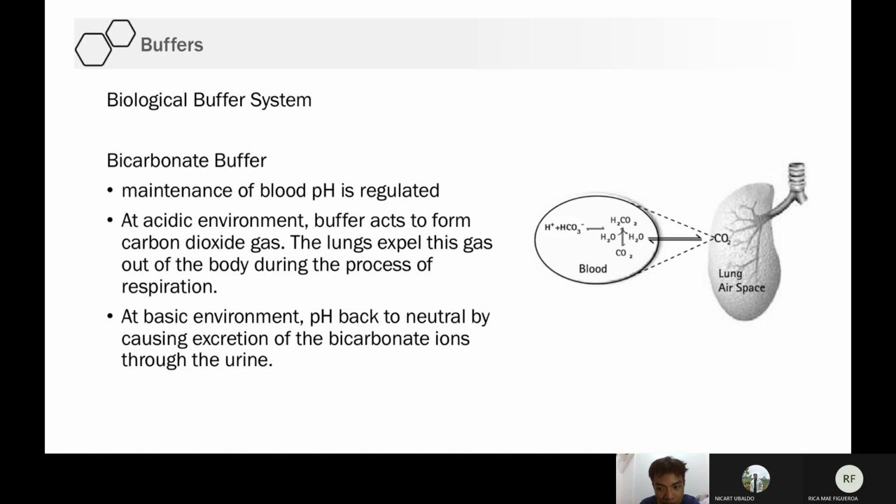Pag masyado naman mababa yung pH, ang gagawin ng katawan natin, mag-exhale tayo. Okay? Para yung CO2 sa blood matanggal. So the pH will increase again. Okay? So ganun lang, yun yung balance sa atin. Okay? So that's the bicarbonate buffer.